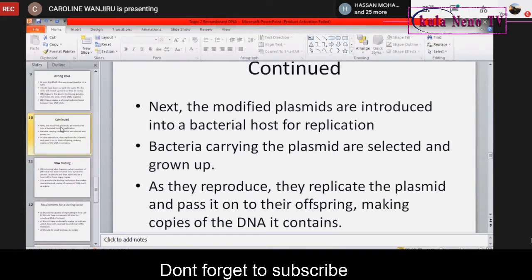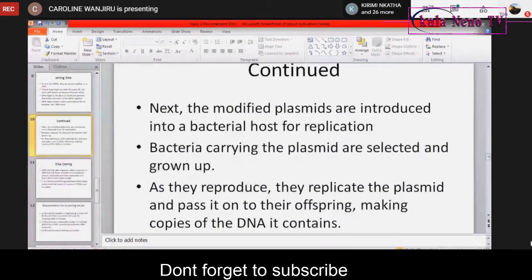So remember, once you do this, there are those who will be able to produce the plasmid, others will not. So you have to select the ones that were able to replicate. This is what we are saying you select. And this is now what you continue growing. As they reproduce, they replicate the plasmid and pass it on to their offspring, making copies of the DNA it produces.